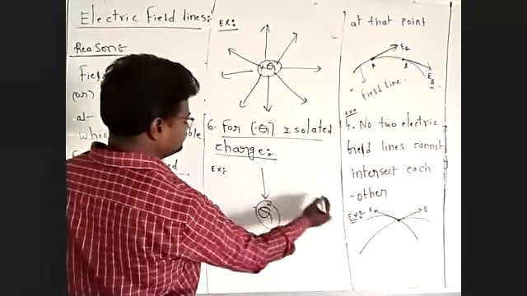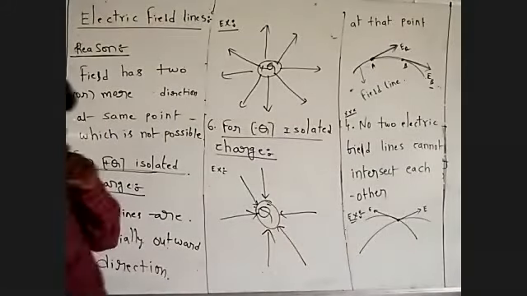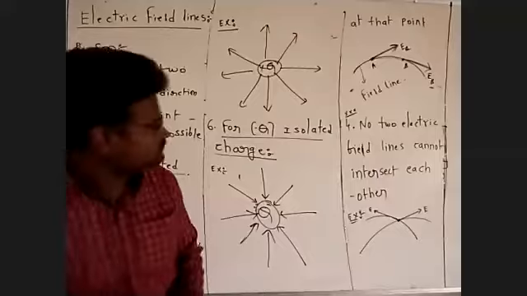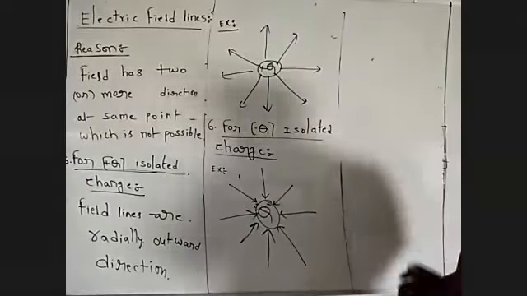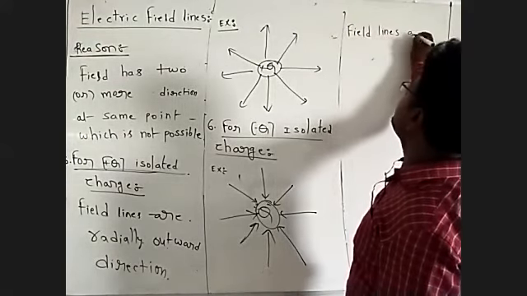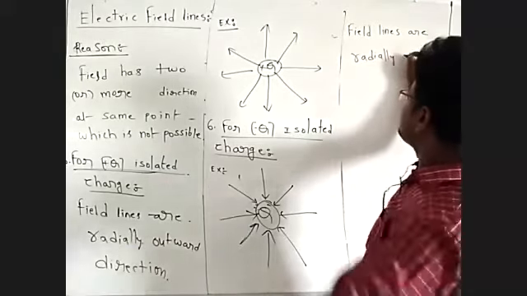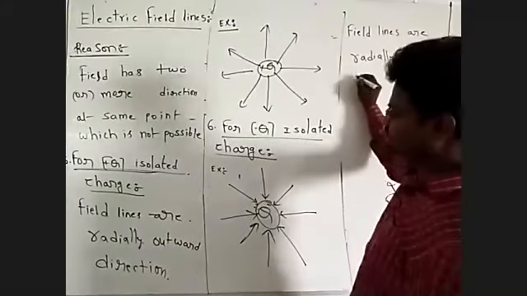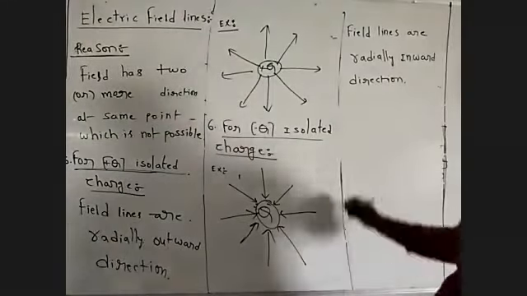The electric field lines are inwards. The field lines are radially inward.